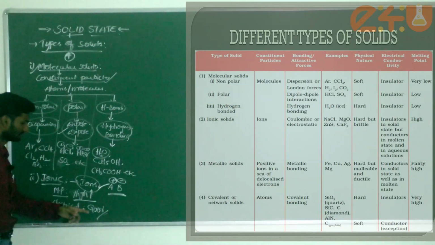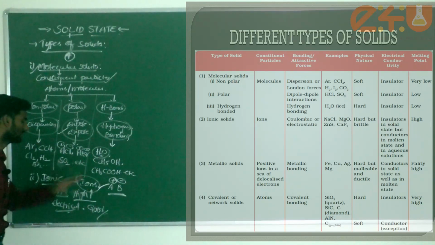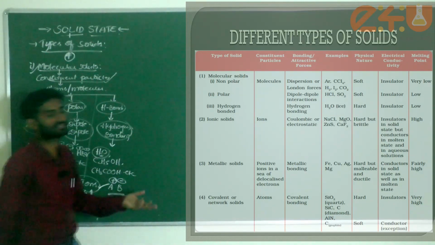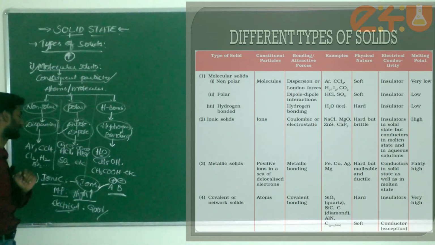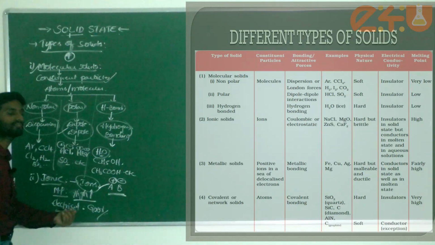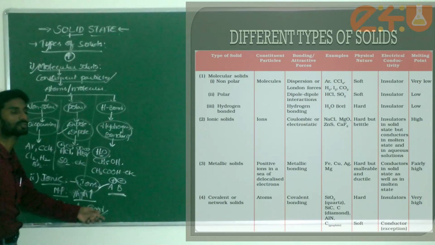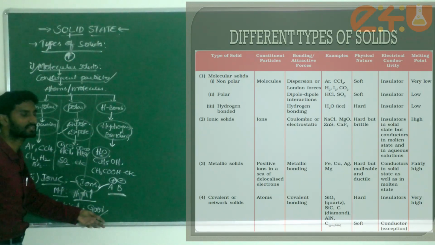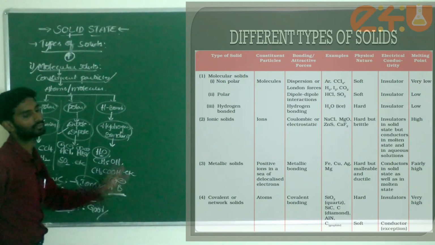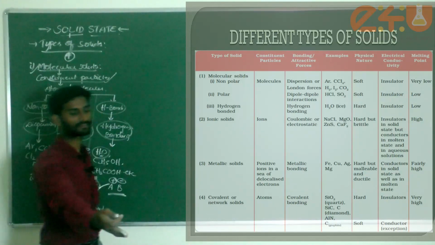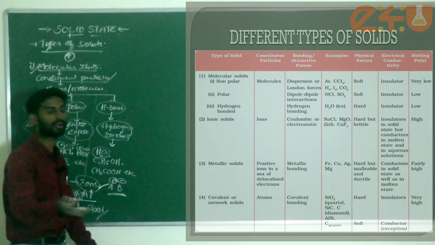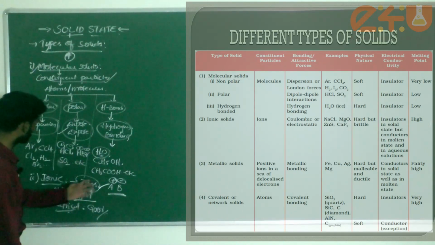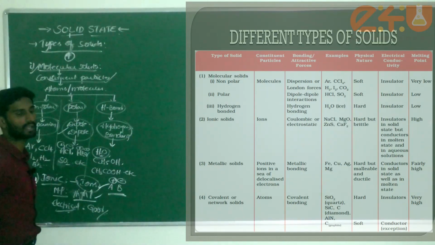In the solid state, also called the fused state, it is an insulator; it will not form any type of ions in fused solids. But it shows electrical conductivity in molten or aqueous solution. That is, an insulator in solid state, but a conductor in molten and aqueous solution. Melting points are very high.